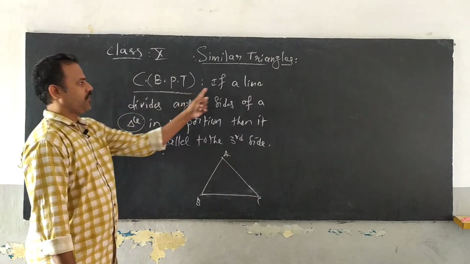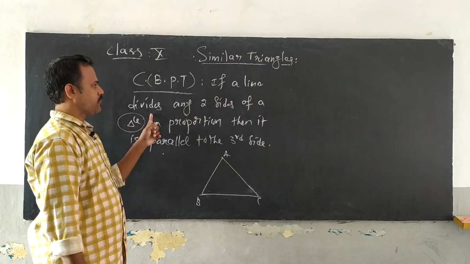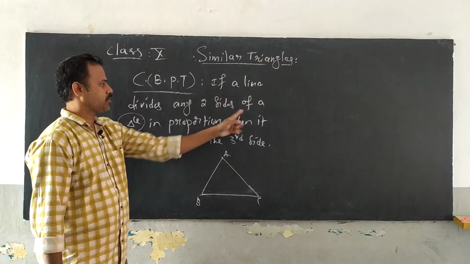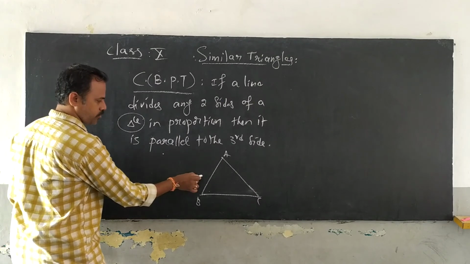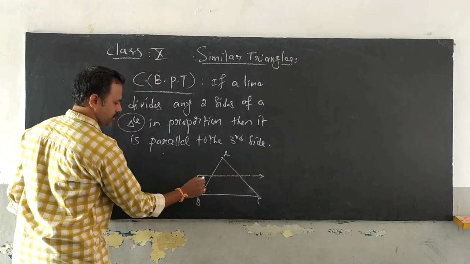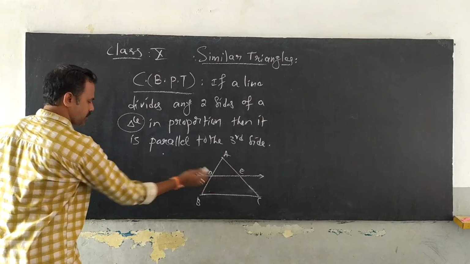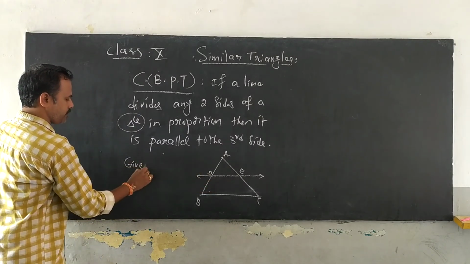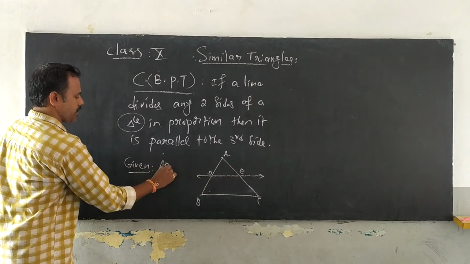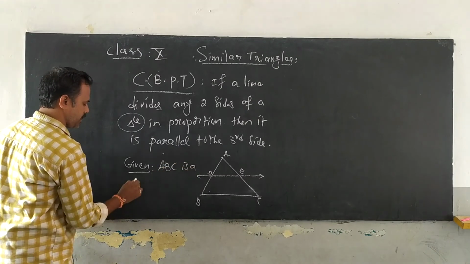Now go back. If a line is drawn that divides any two sides, okay, so I am drawing a line. Let this line be DE. Based on this diagram, we need to write the given. Given: ABC is a triangle.